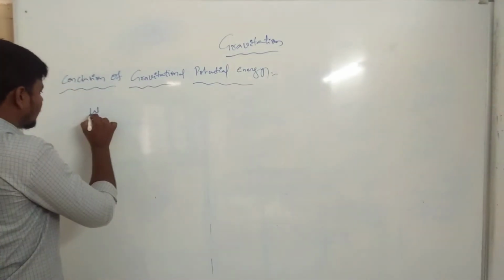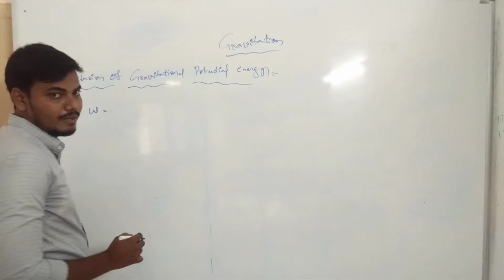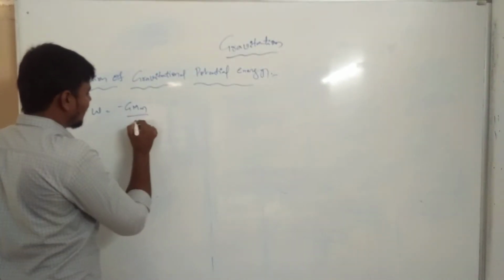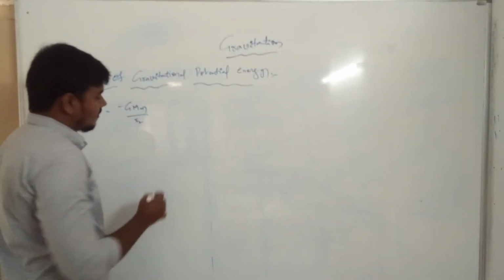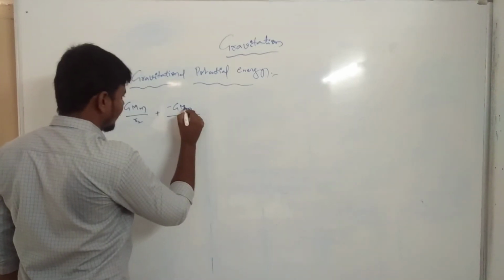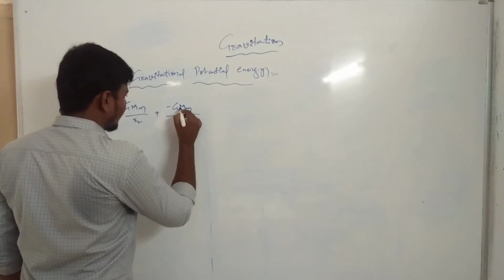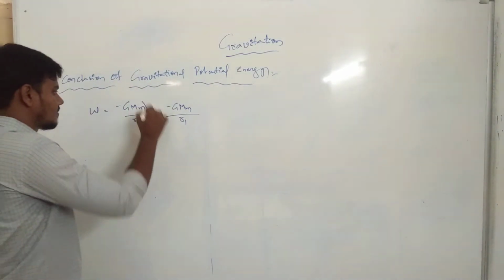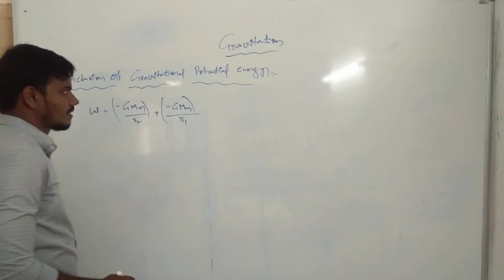Work W is equal to minus capital M small m by R, plus minus the m by R1 function. There are two variable functions we can take. This is the first function, this is the second function. Clearly?